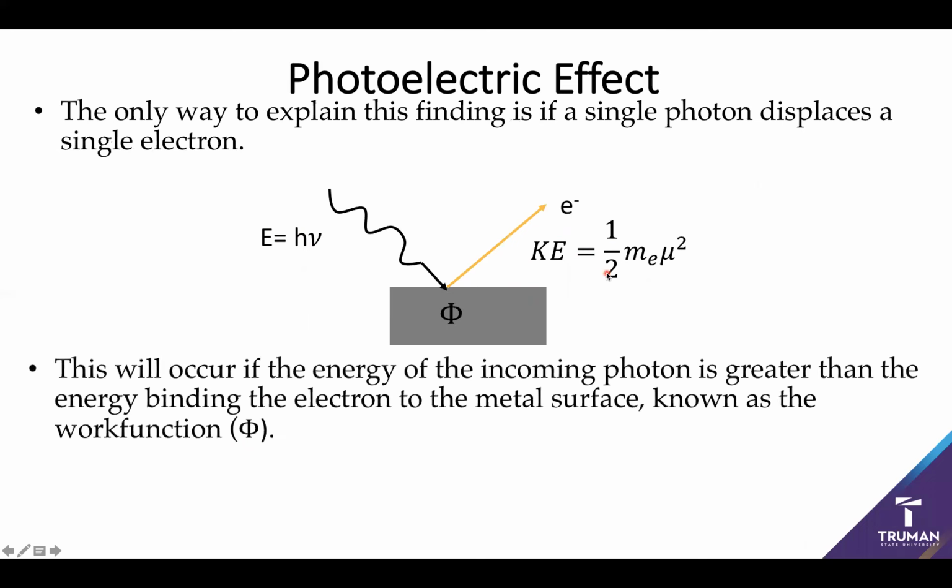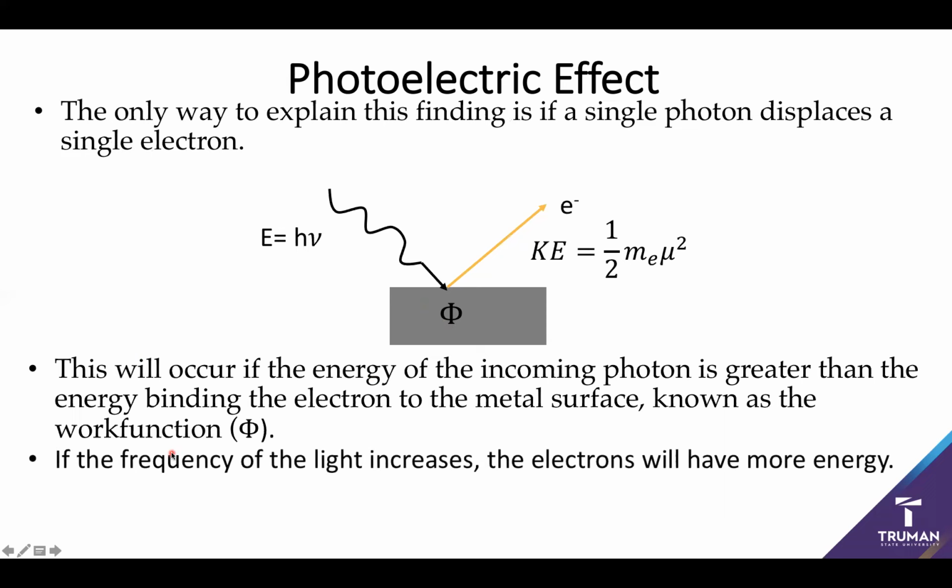And again, this only will occur if that incoming photon energy is greater than the energy binding the electron to that metal surface. We call that energy the work function, or the electronic work function, or occasionally, because we're working with metal surfaces, the metal work function. This work function will be an energy typically reported in eV, or electron volts, of how much energy it takes for the metal to release that electron.